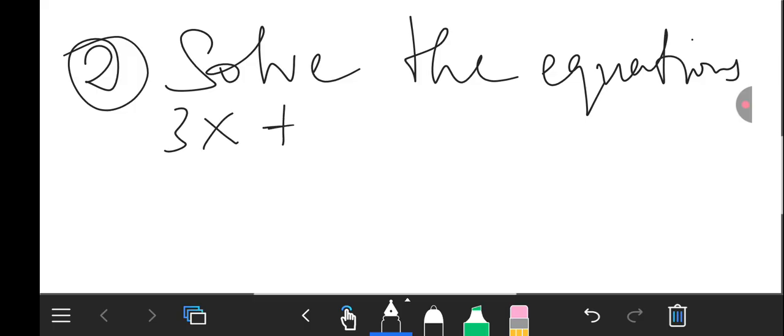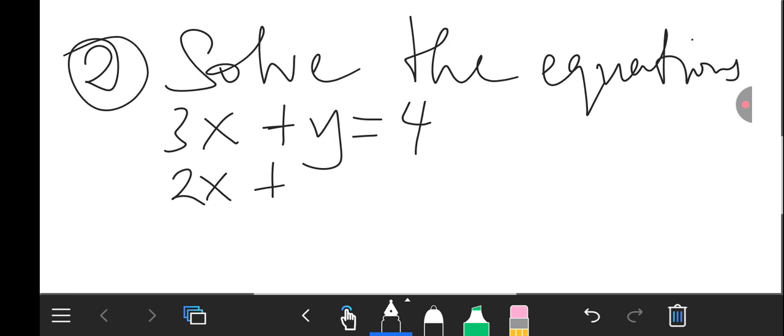We have 3x plus y is equal to 4. Then we have 2x plus 5y is equal to 7.